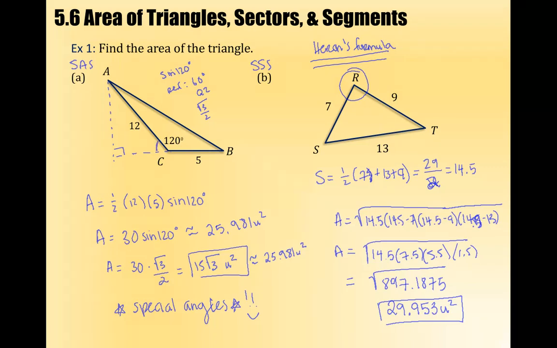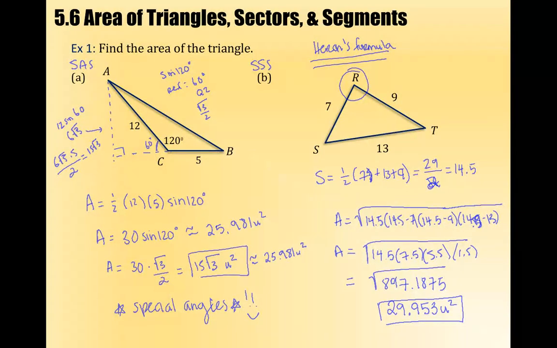I could use this angle, which I know is its supplement, and said it was 60 degrees, and then said 12 times the sine of 60, which we talked about is root 3 over 2. So I would have 6 root 3 as the height. And then you could do base times height divided by 2. So 6 root 3 times 5 divided by 2, and oh my gosh, I get 15 root 3. So I could do that, but think about what this gives me as well.